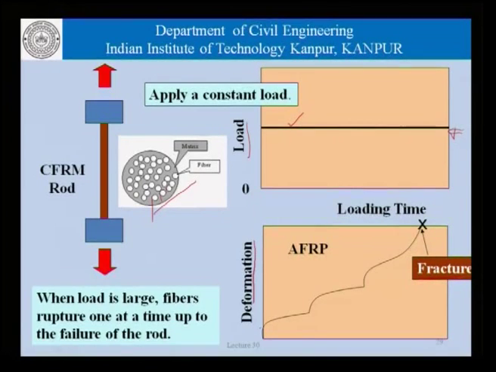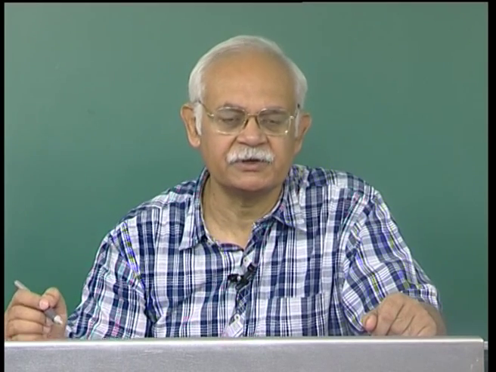Now, what happens as a result of that is that the deformation over a period of time changes, as is shown here in the case of aramid fibers, and as one fiber fails after the other, the deformations suddenly change, and as more and more fibers continue to fail, there is a point where the deformation is reaching a level where the entire rod has basically failed. So, this is the basic creep behavior that is observed when we come to the CFRM.